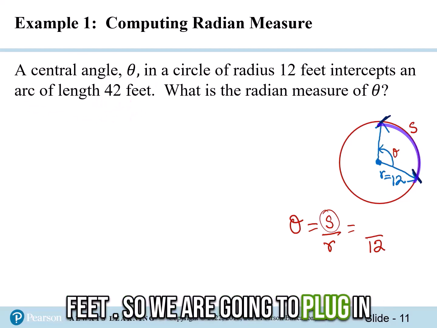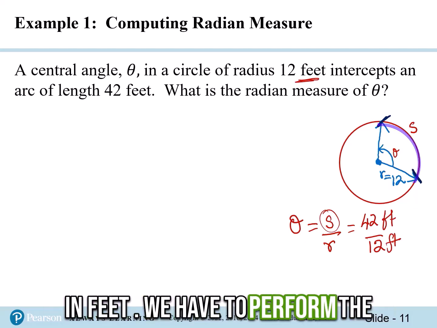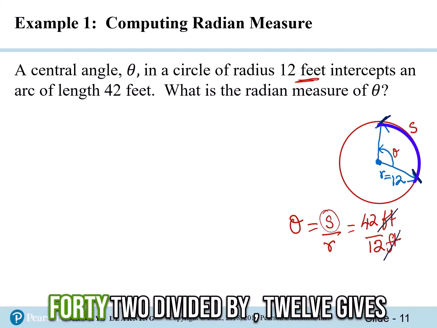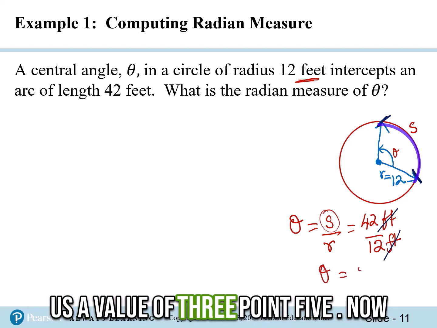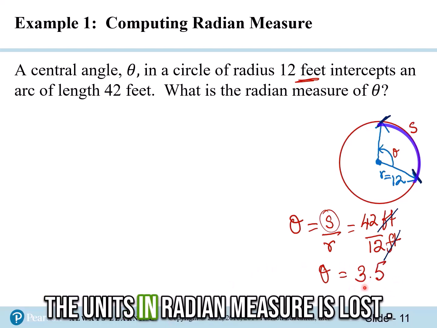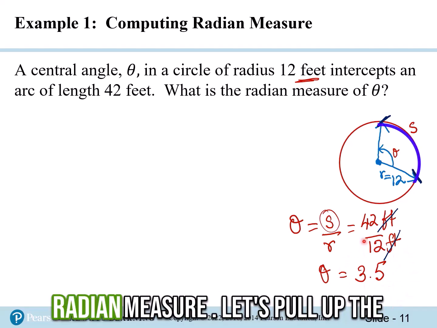So we are going to plug in 42 feet for S. Radius is also in feet. We have to perform the division. Feet and feet divide, and 42 divided by 12 gives us a value of 3.5. Now note that the units in radian measure is lost. We do not put any units with the radian measure.